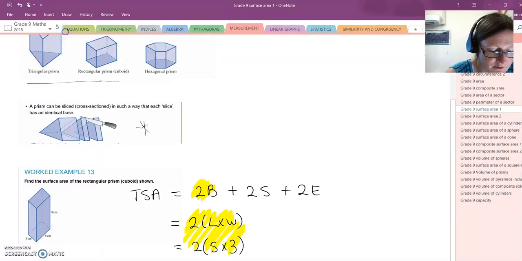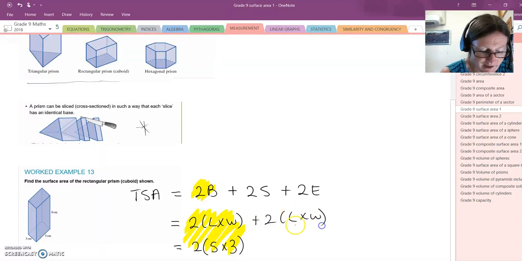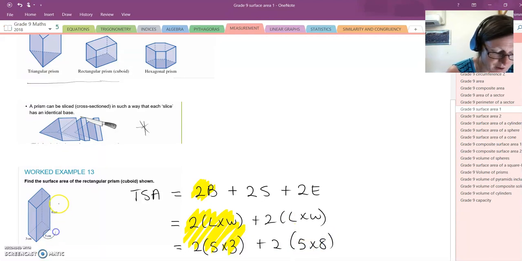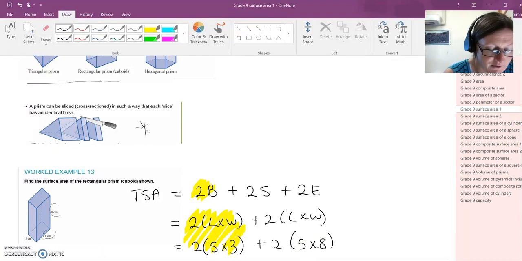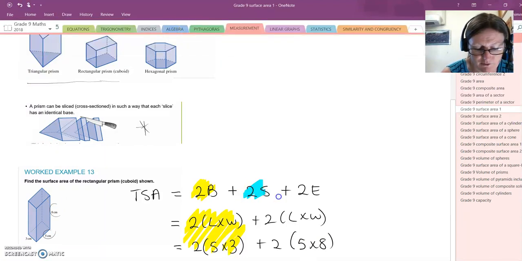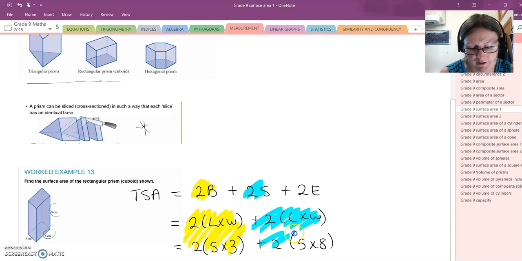Okay, our sides, our front and our back, are also 2 rectangles. For our front and our back, our length is 5 and our width is 8. So that accounts for another 2 sides, the front and the back.